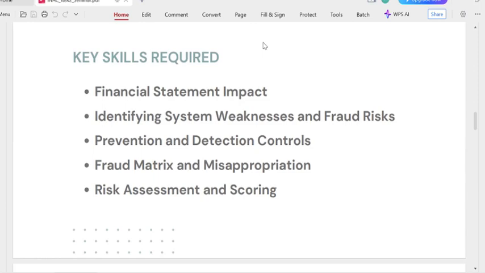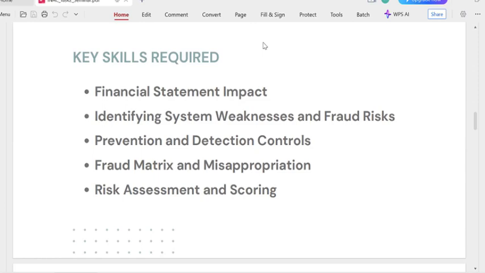If we know the right system, what should be the right internal controls of, for example, sales management, payables, receivables, so whatever system we are talking about, if we understand what should be the right system for a particular procedure, then we'll be able to identify that, okay, this is the point where the system is weak, right? So we need to learn how to identify system weaknesses, and then we need to learn prevention and detection controls.